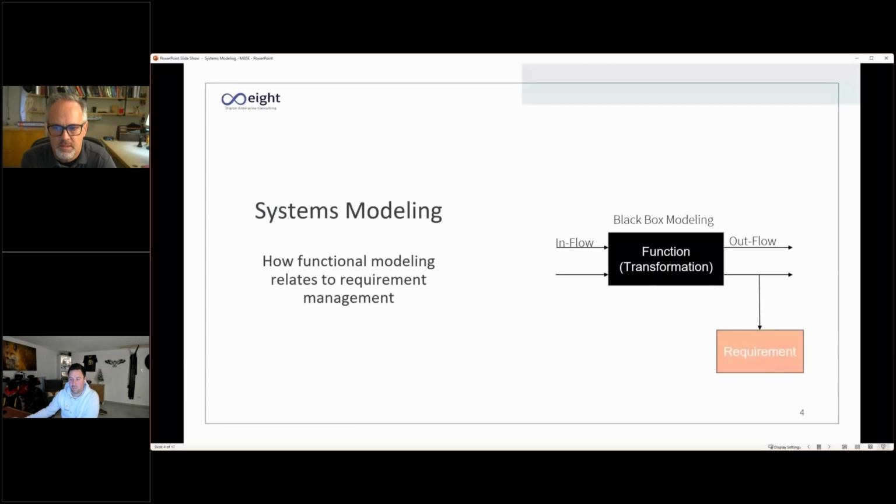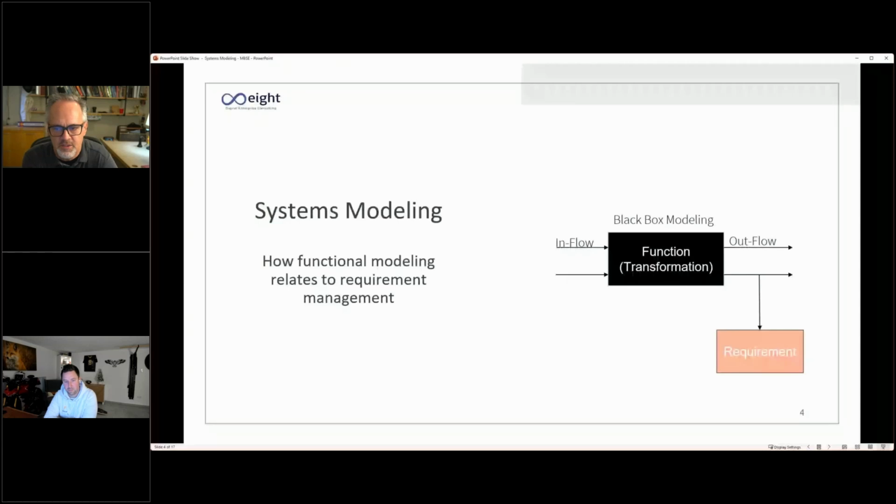What is a full set of requirements? And I think this discussion about functional modeling is going to give you a better sense of how to methodically go through your design, understand what are all the elements that need requirements written against it, and have a justification and an understanding of how function drives the requirement set. And that's really what this is all about.